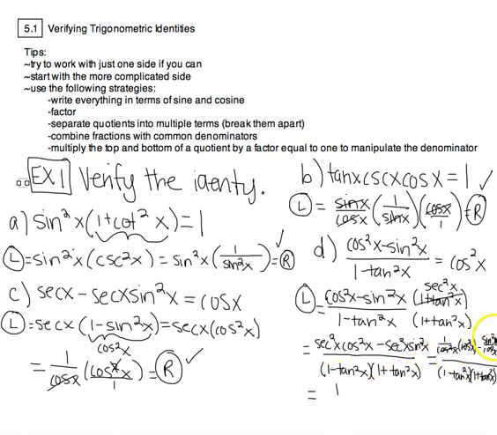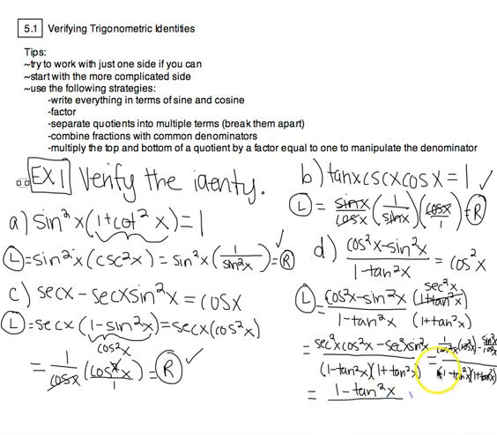Over here, sine squared x over cosine squared x. That can be changed as well, because sine over cosine, I know from my quotient identities, is the same as tangent, which means that sine squared over cosine squared is the same as tangent squared.